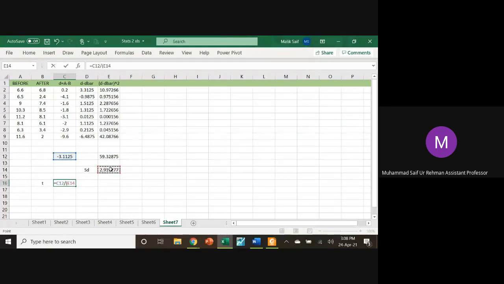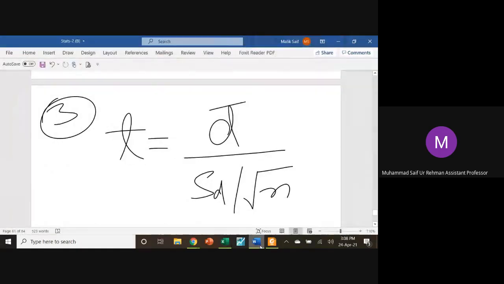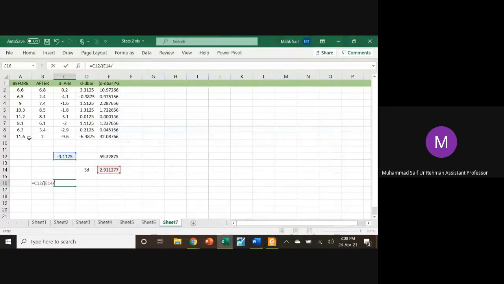This is the standard deviation divided by, sorry, not the degree of freedom, the sample size n. What is n? 8. Close the braces. Minus 8.55. So this is your calculated value for T.